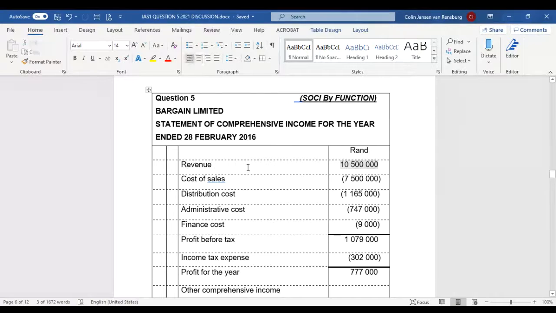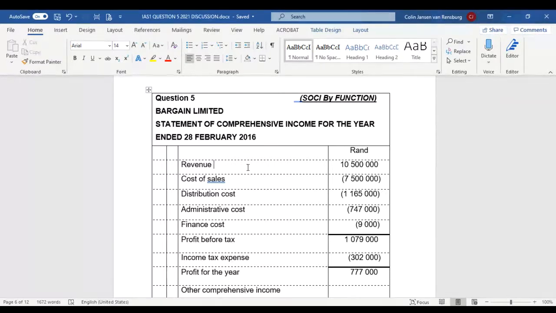Now, ladies and gentlemen, if you get a situation like this, where the company has got more than one kind of revenue, more than one source of revenue, and you combine that, what is the consequence of that? The consequence is that now you will have to have a revenue note, right?